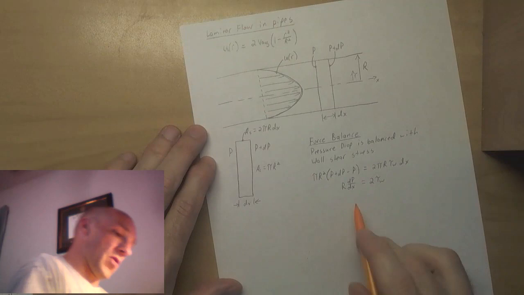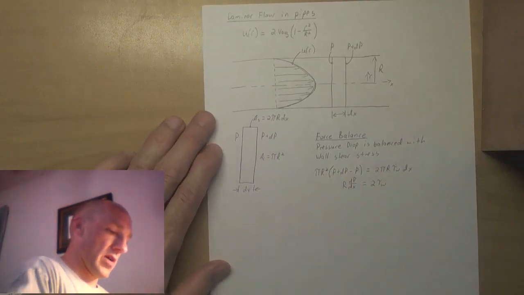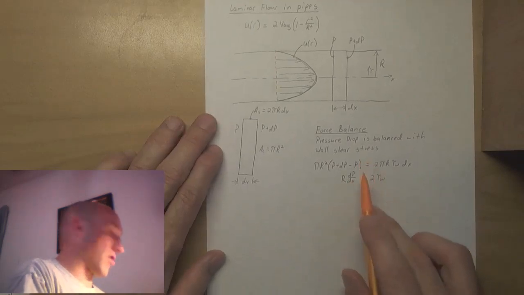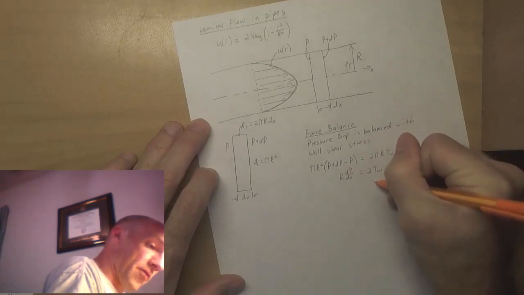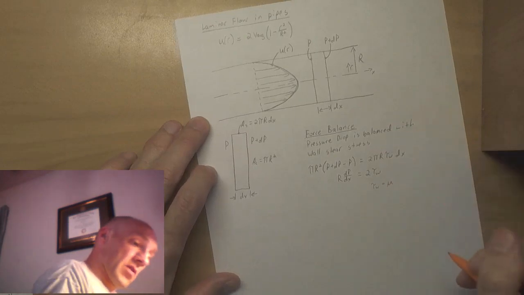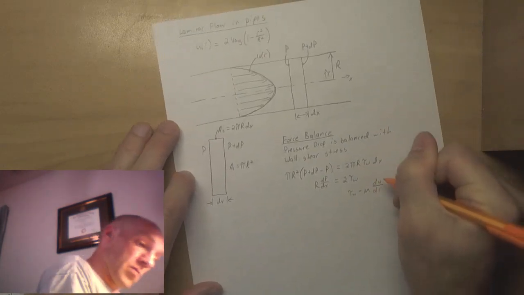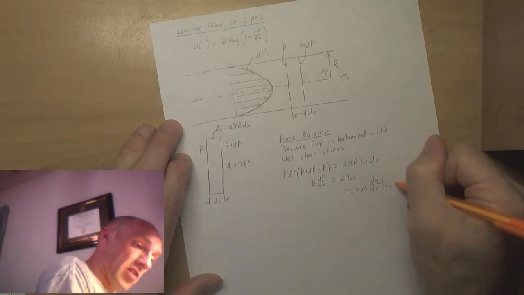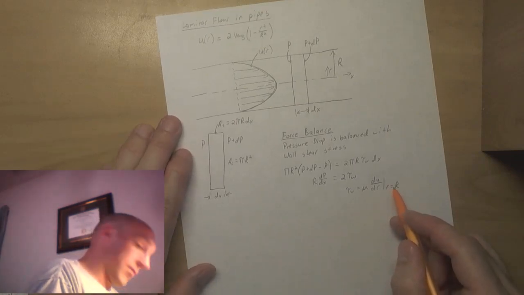This simplifies: cancel out the pi's and one of the r's. r dP over dx is equal to 2 times the shear stress acting at the wall. And like we talked about before, the shear stress at the wall is just the viscosity times the velocity gradient evaluated at the wall.